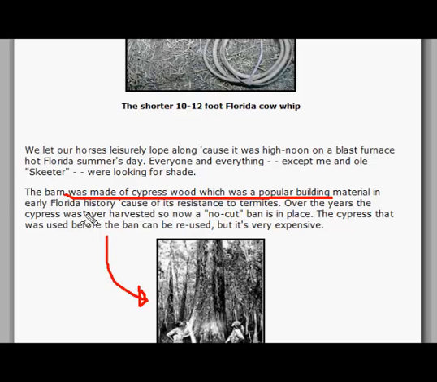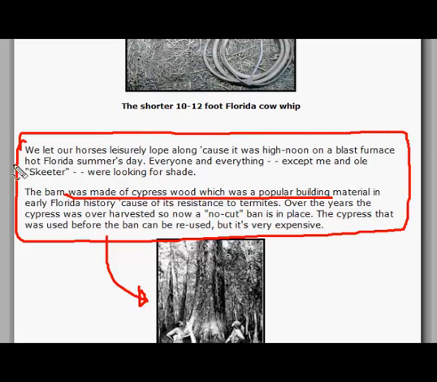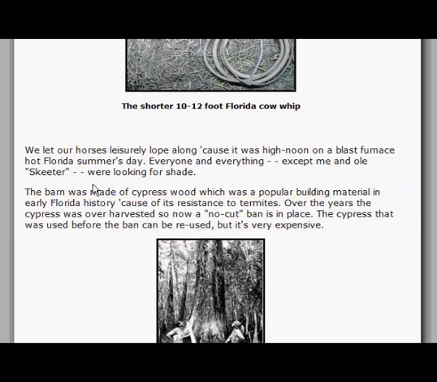But I just do not see the connection here, and therefore the more time you take talking about the barn and how it is made, the more it takes away from the real pull of the story in terms of the value of the find. Okay.